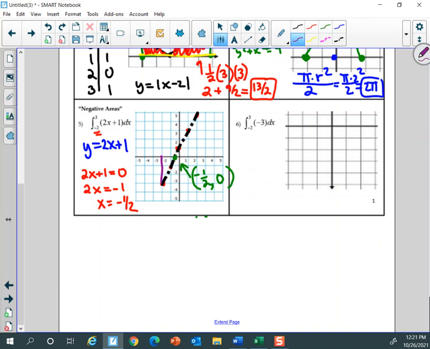So this triangle, my negative triangle that I have in purple, is 1/2 times 3/2, 1.5, that's this section, times 3.